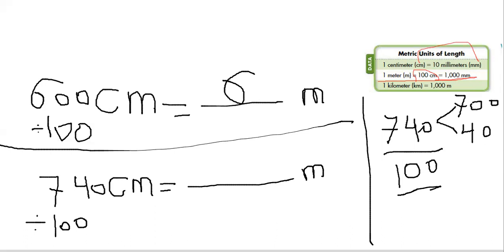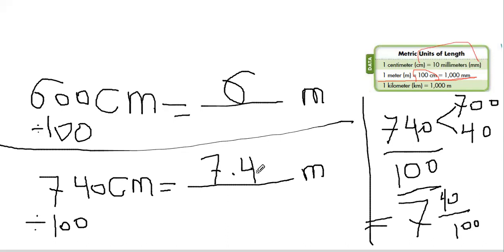Doesn't make sense. So 700 over 100, or divided by 100, is 7. And 40 over 100. Do you remember how we write it? It is 7.40 or 7.4. Great. Yes, that's perfect.